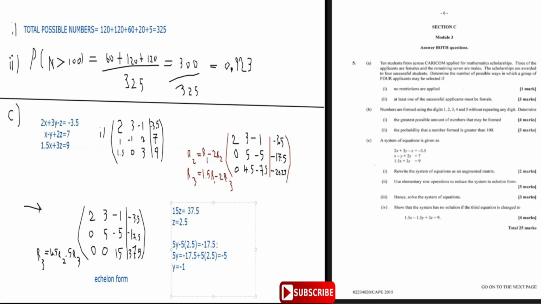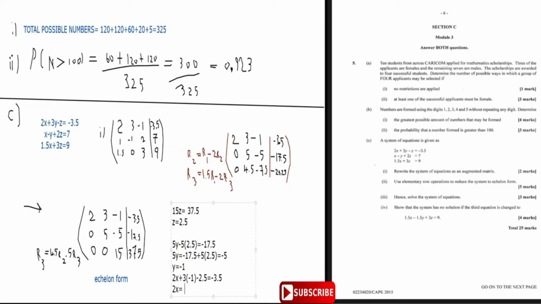Now that y is equal to negative 1, I can back substitute again to find x. I know that 2x plus 3 times y, so plus 3 times minus 1, minus z, which is minus 2.5, is equal to negative 3.5. So I transpose and get 2x is equal to minus 3.5 minus 3 plus 2.5.